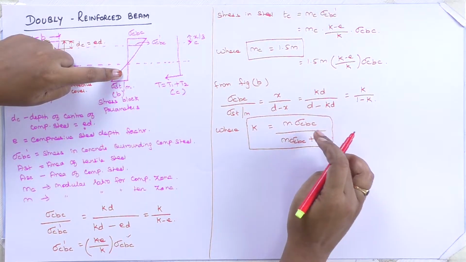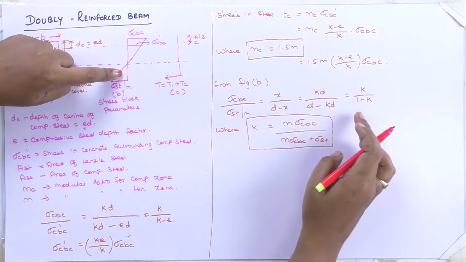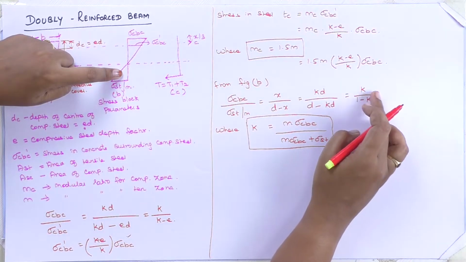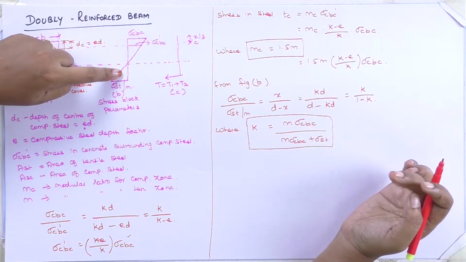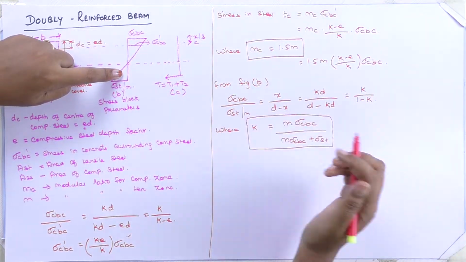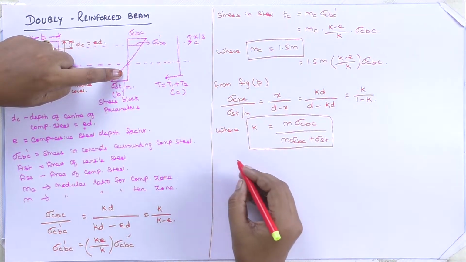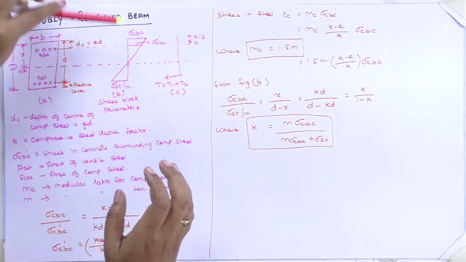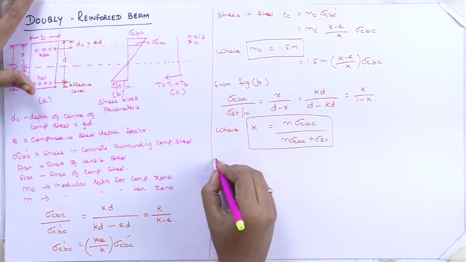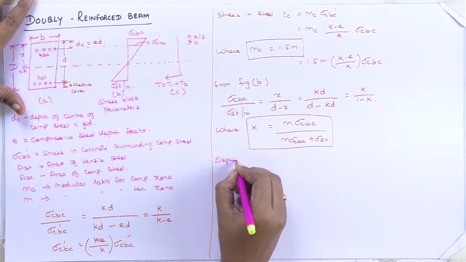Here, if you know these values, you can directly plot your value k and you can calculate the sigma st also. Okay.